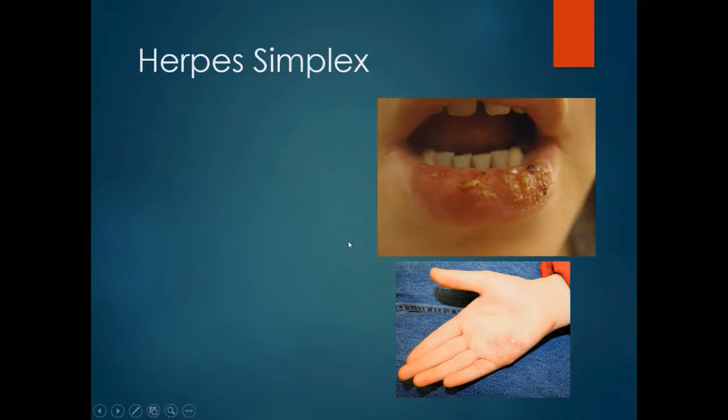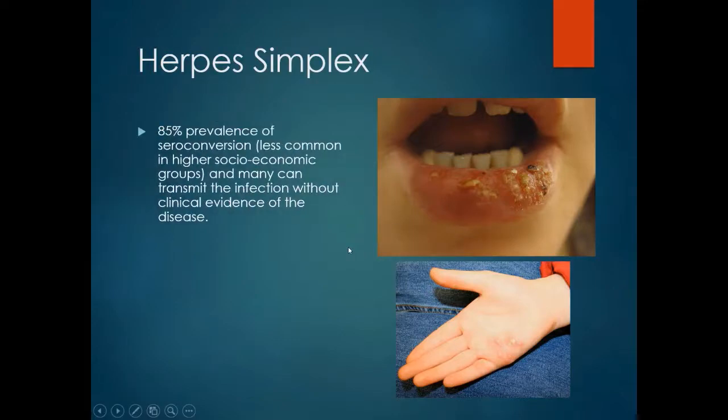So this is herpes simplex, and very common in the population, there being an 85% seroconversion, and this may be transmitted even without clinical evidence of the disease. Transmitted by direct contact.